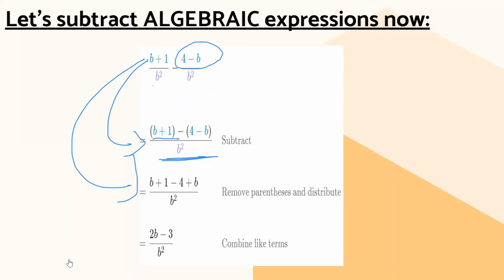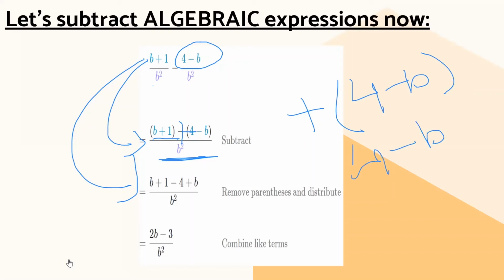Because when it was adding, it doesn't really make a difference. If it was plus 4 minus b, you can just write that as 4 minus b. But when it's subtraction, I'm telling you that there's a negative one that needs to be distributed into the first term as well as the second term.